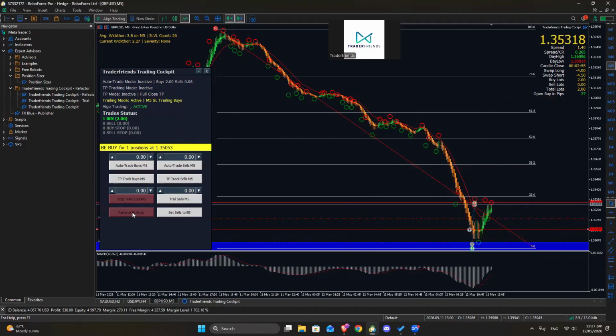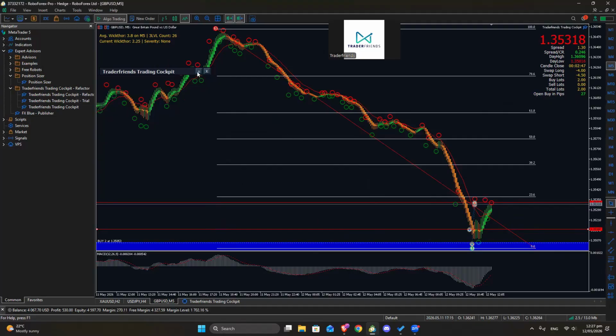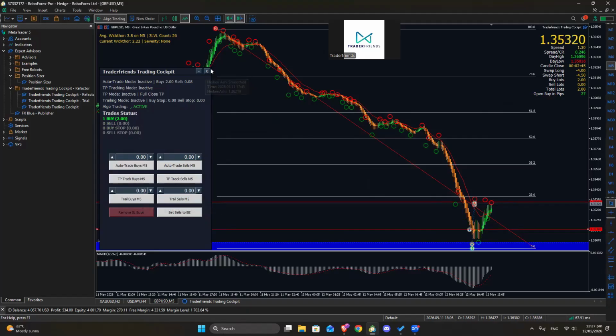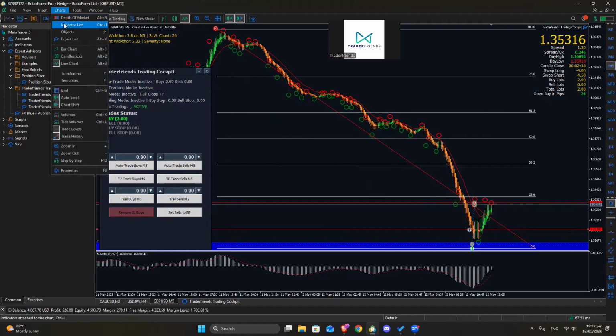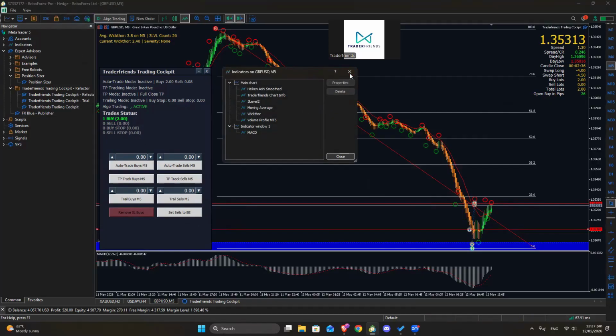If you put it to break even, you can put the market to break even. Wait a second. Set sells to break even. I think now it's a little bit broken.